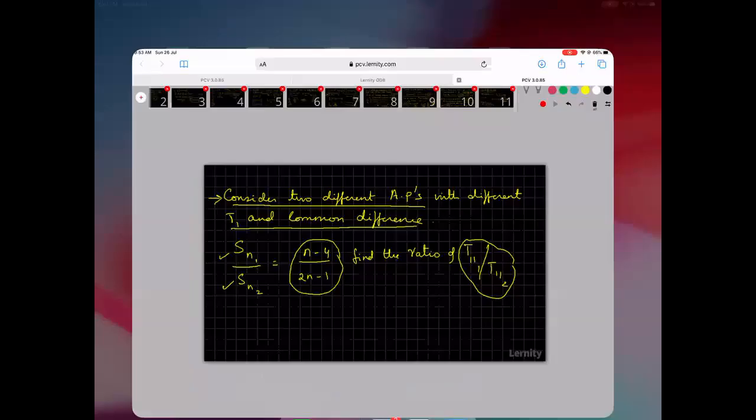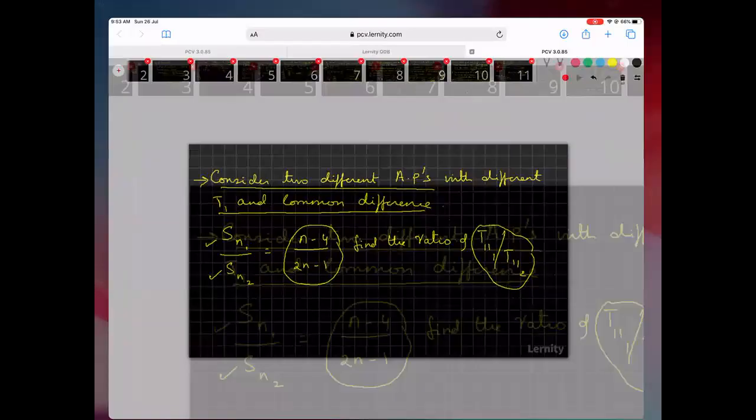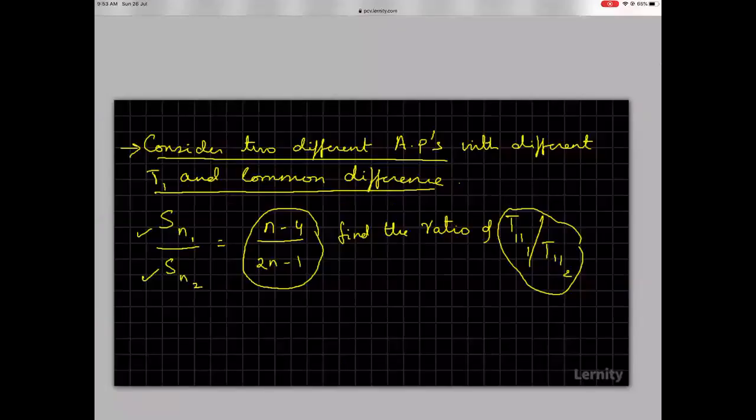There are two different APs with different T1 and common difference. Okay. So there are different ways in which I can do it. But let me see. I want T11 and the sum is given. Do you agree that S21 of this by S21 of this is equal to 21 into T11 by 21 into T11 of the second? Sum of 21 terms.